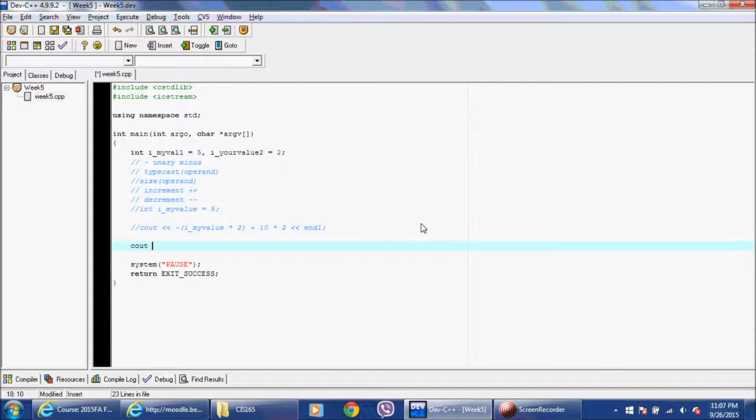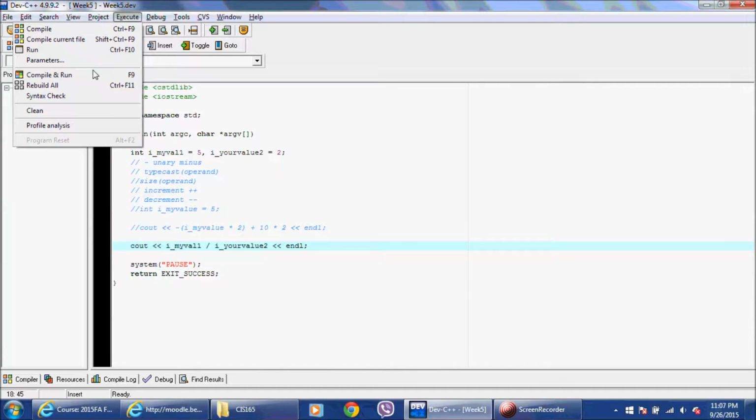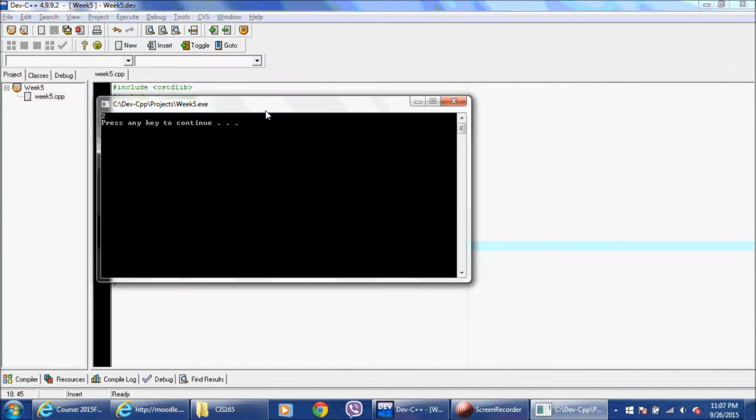If I do a cout myVal1 divided by yourVal2, you know that an int divided by an int, if you look at the implicit casting rules, it's going to do int, right? Because they're both the same data type. So let's compile and run this, and you're going to get 2.